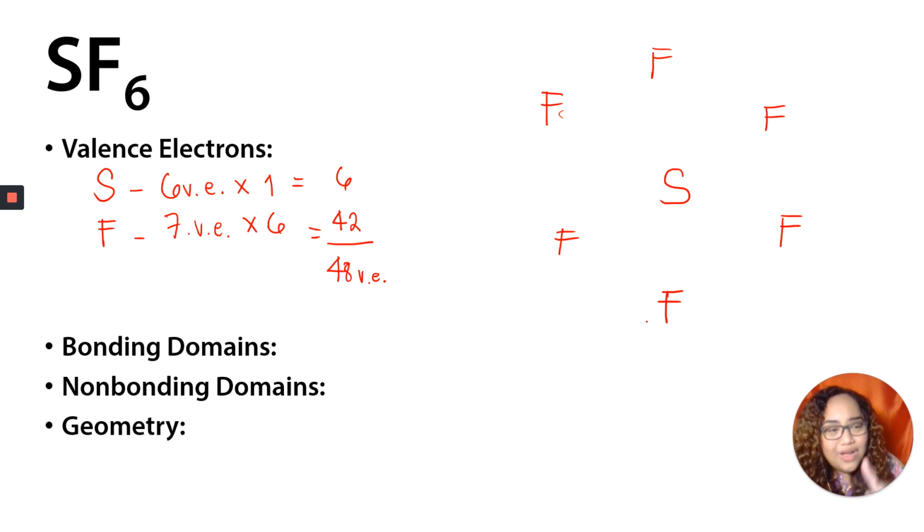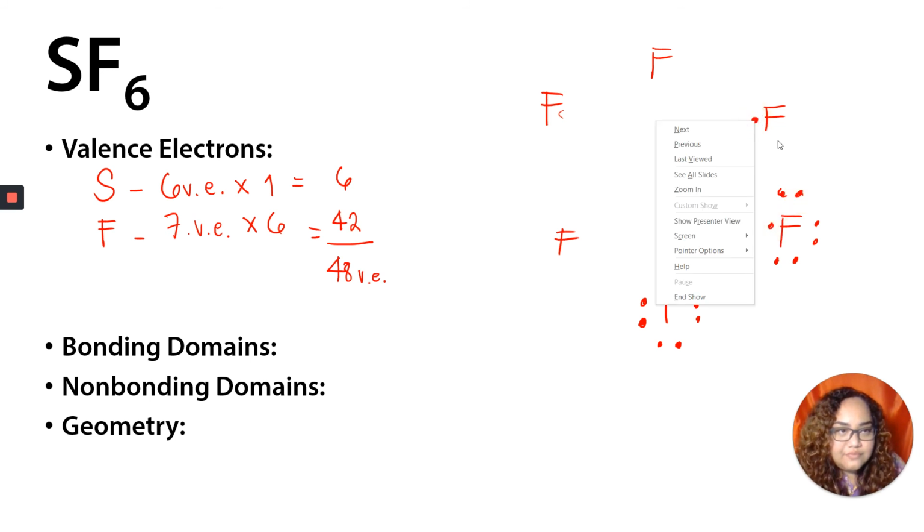It only needs 1 per fluorine. So let's situate the dots so that only 1 electron will be pointing toward sulfur. It's going to take me a while to draw all the dots.